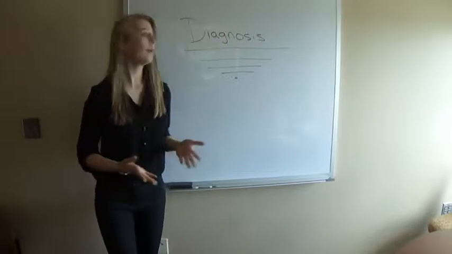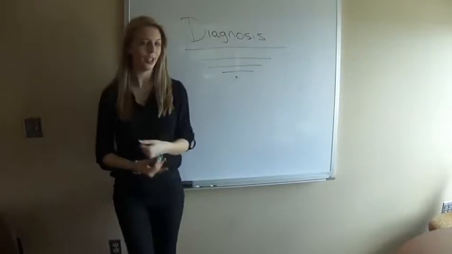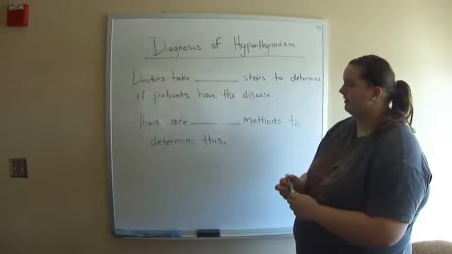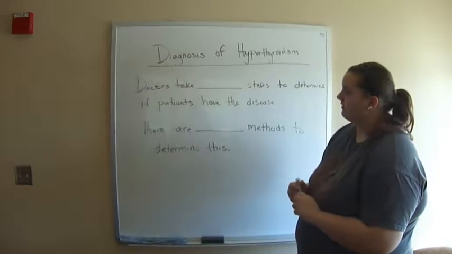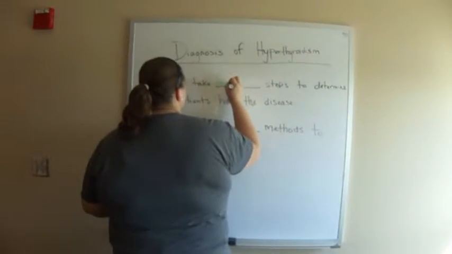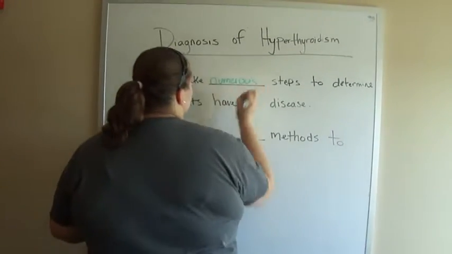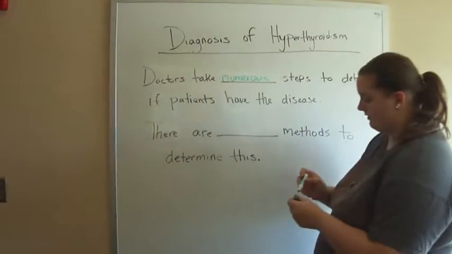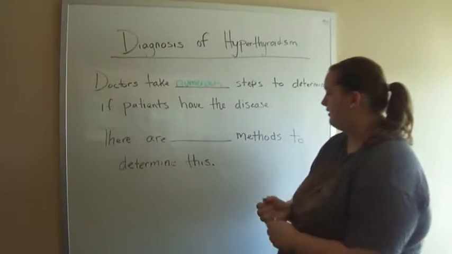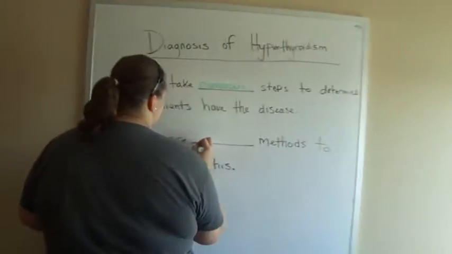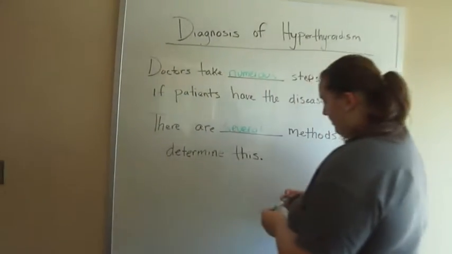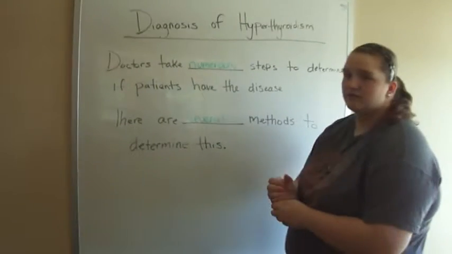Next, we're going to be talking about diagnosis with Brittany Jones. I'll be talking about the diagnosis of hyperthyroidism. Doctors take numerous steps to determine if the patients have the disease, and there are also several methods to determine if you have this disease.